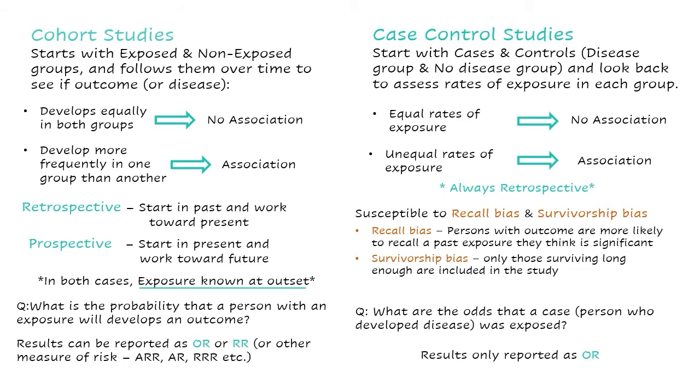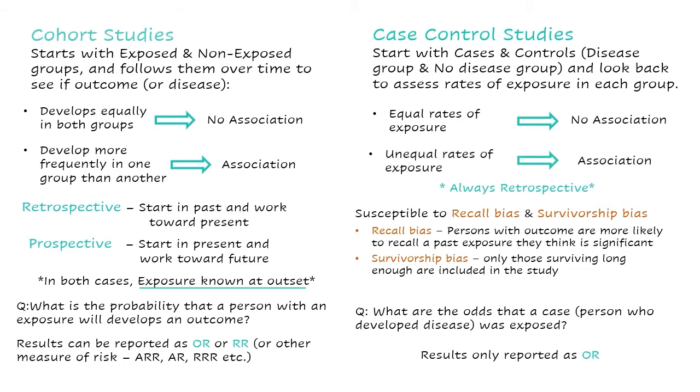To be more precise, case control studies investigate whether having a particular outcome is associated with increased odds of having had a particular exposure. If both cases and controls have equal rates of exposure, then we say that no association exists between outcome and exposure. If exposure rates between cases and controls are not equal, an association is said to exist.